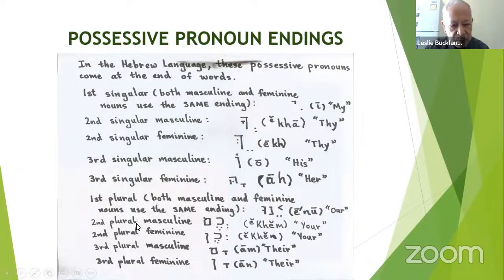The second person plural masculine gender possessive pronoun ending is spelled like this. You have the simple schwa, which is a quick e. There is a kaf. The kaf, when it's not at the end of a word, has this semicircular shape. And when there is no dot in the middle of it, it has a KH spelling.